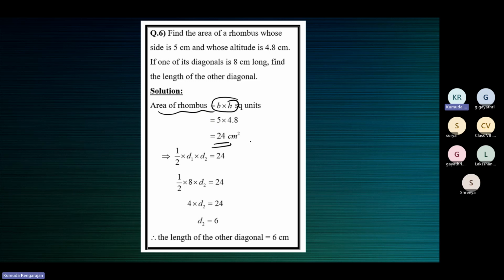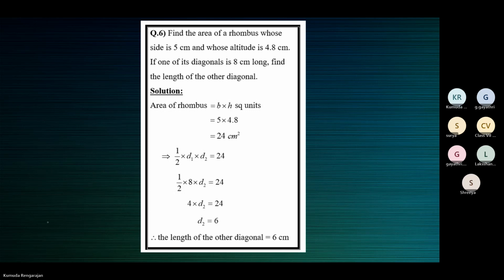And I know that when I use the formula half d1, d2, I'm going to get the same answer, 24. So half into 8 into d2 is equal to 24. 2 fours are 8, so 4 d2 is equal to 24. d2 is equal to 24 by 4, which is 6.